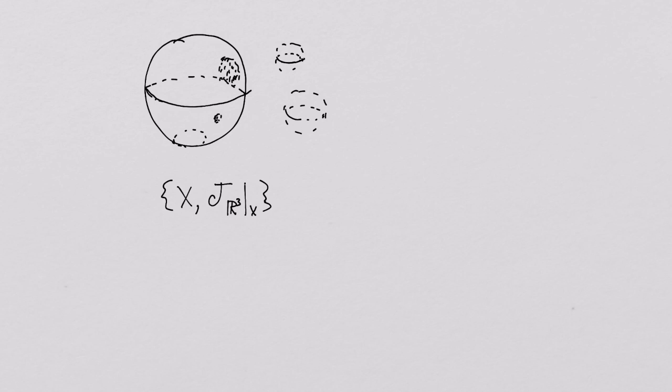The whole sphere itself is too, because you can think about an open ball in R3 that contains the entire sphere. In that case, the entire sphere itself must be part of the topology, because that's that intersection. And if a ball doesn't intersect the sphere at all, that's the null set, so the null set has to be in the inherited topology. And then the rest of them will always be these little disk-like things on the surface of the sphere. That is the inherited topology from R3 on the surface of the sphere.